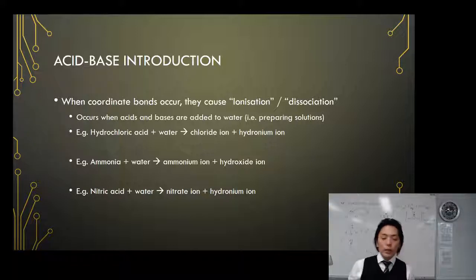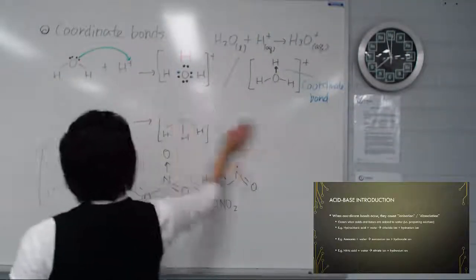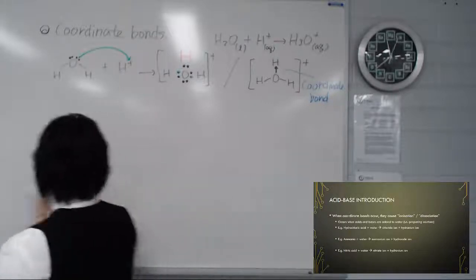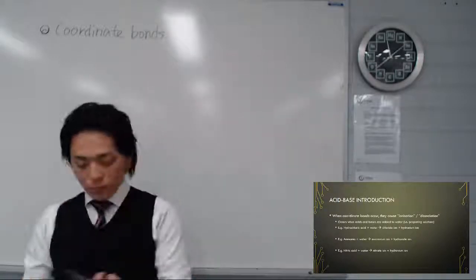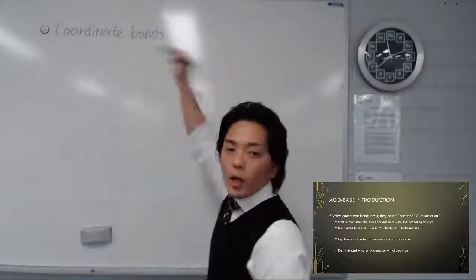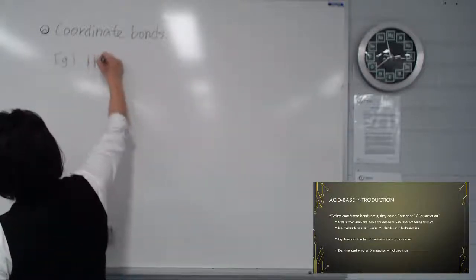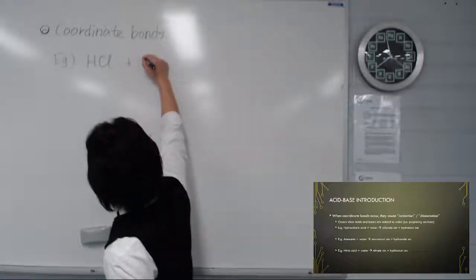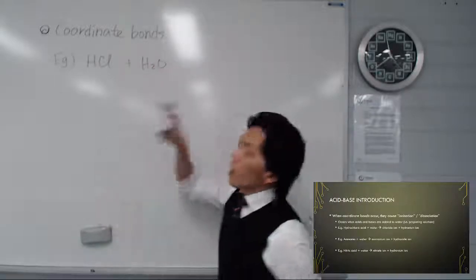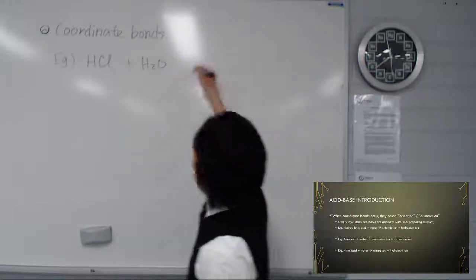So let's write those equations down. Hydrochloric acid and water. So HCl, and if you add that into water, coordinate bonds will occur between this hydrogen here and this oxygen here.